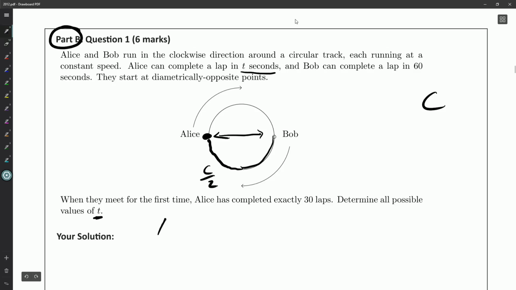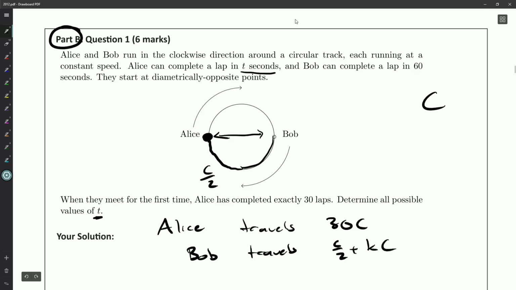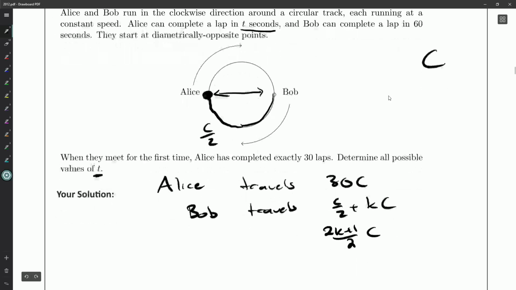So you might say something like Alice travels 30C, and Bob has got to do the C over 2 to get to where Alice's starting point is, and then complete an integer number of laps. So I guess (2k plus 1) over 2 times C. Those are the distances, in case we need them.